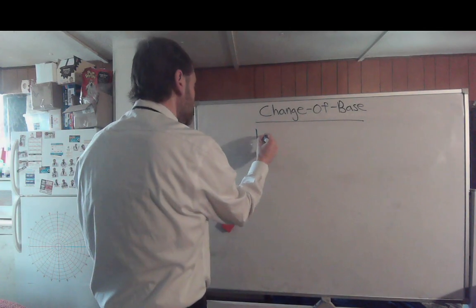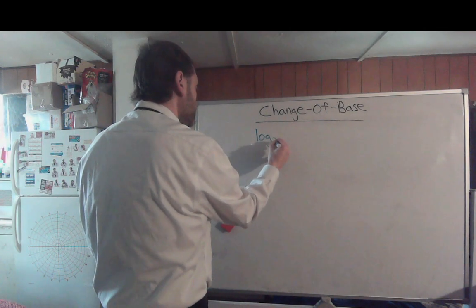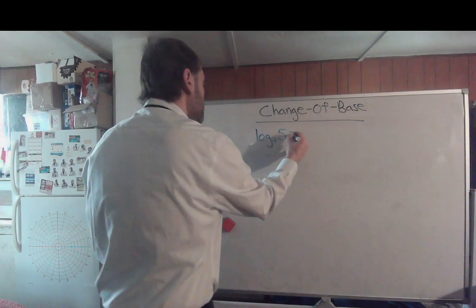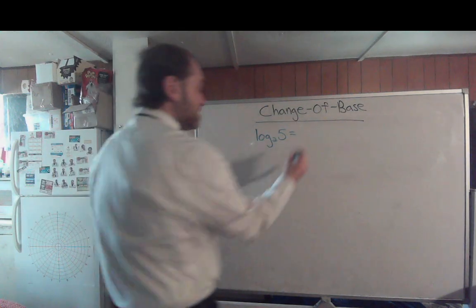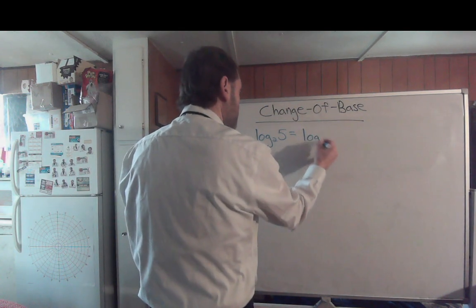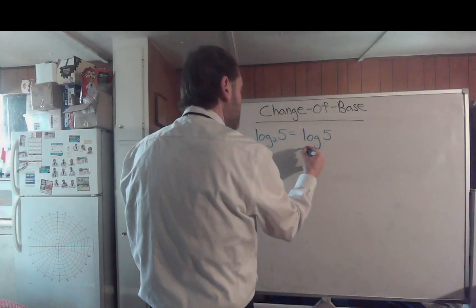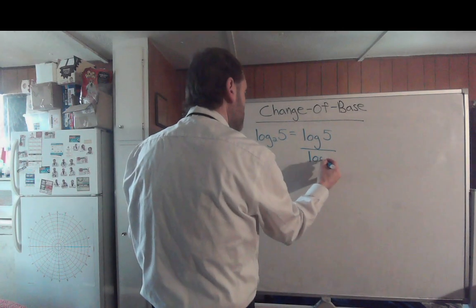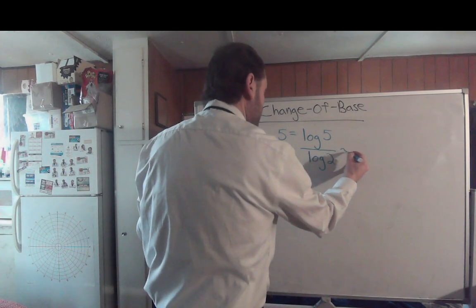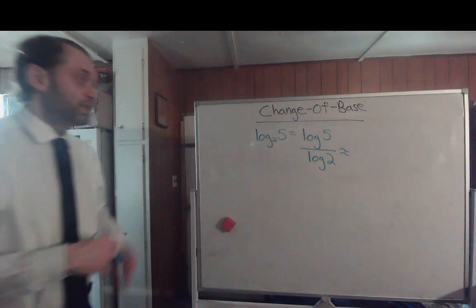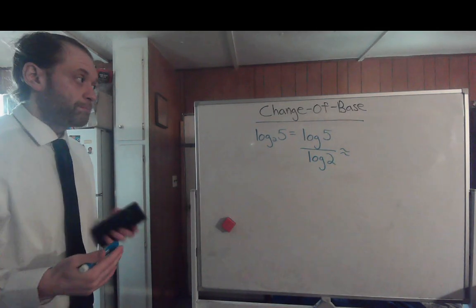All right, log base 2 of 5. So this can be log of 5 over log of 2. Now we got a format we can work with. Let's go ahead and input that into the calculator.